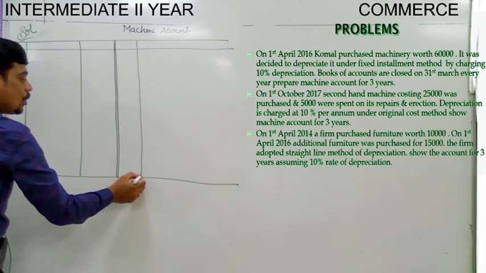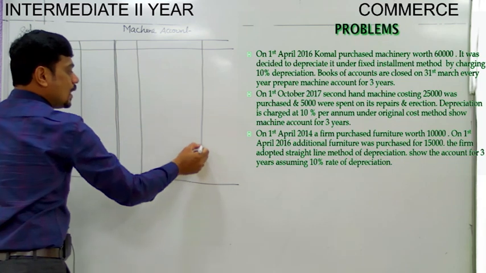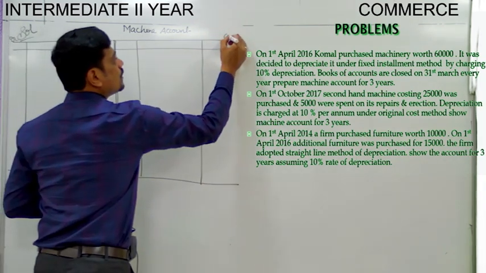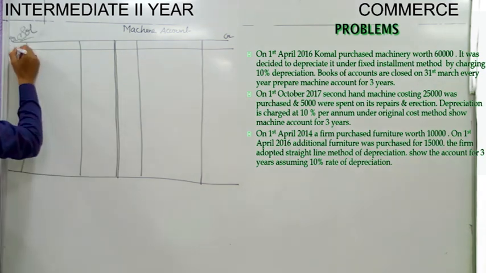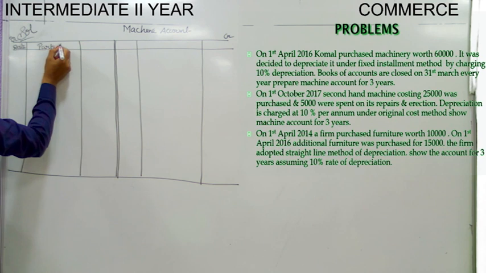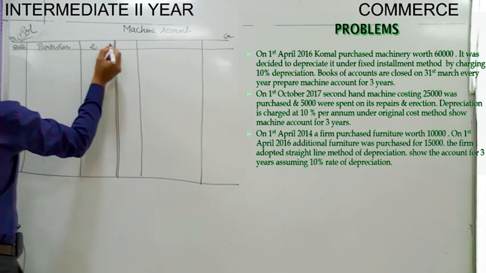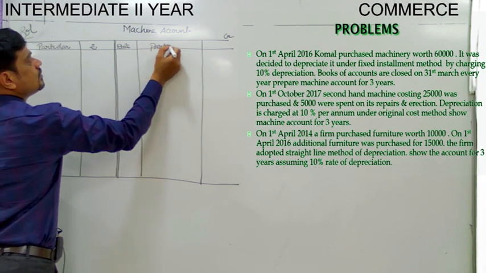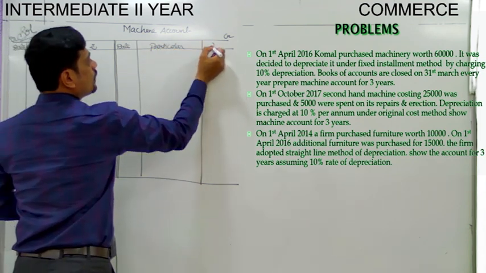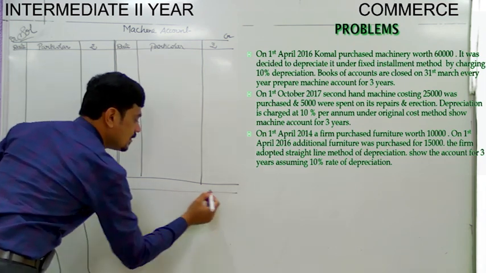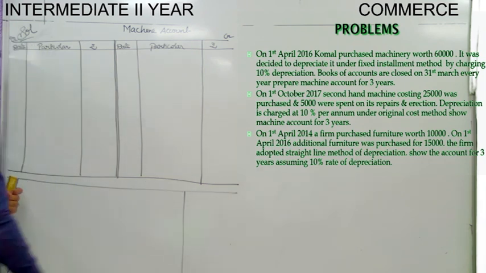Again, date, particulars, amount for the credit side. And the rest of the half page will be utilized for working, which plays a very dominant role.